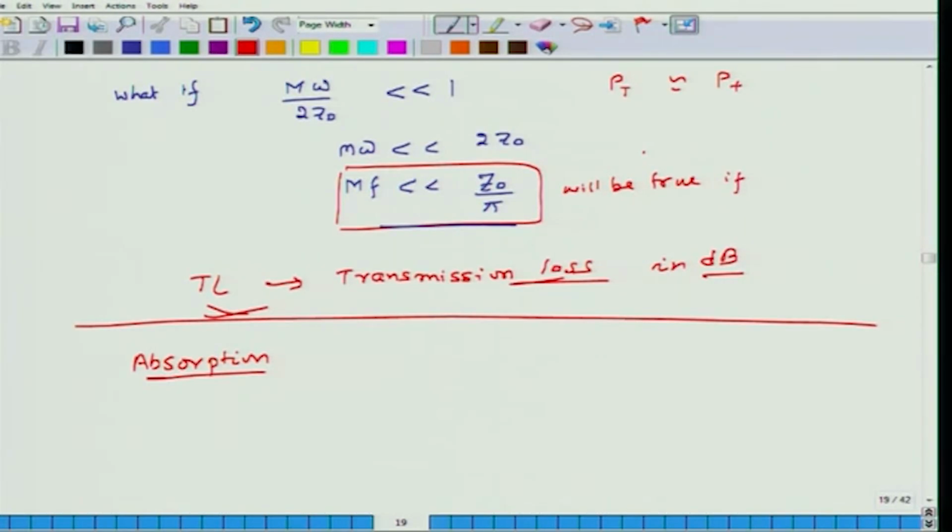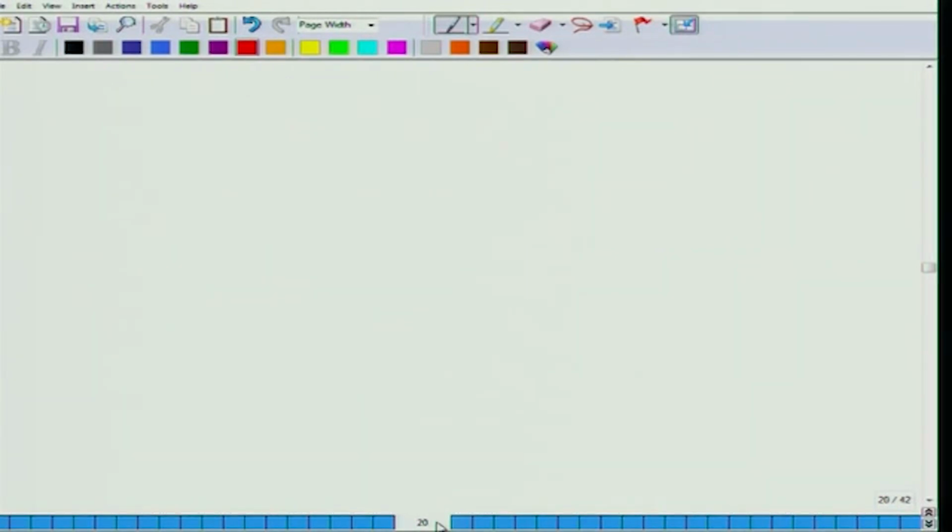And if more of it gets absorbed, then less of it is getting transmitted to the other side. So these are the two mechanisms through which a lot of attenuation of sound happens. Okay.